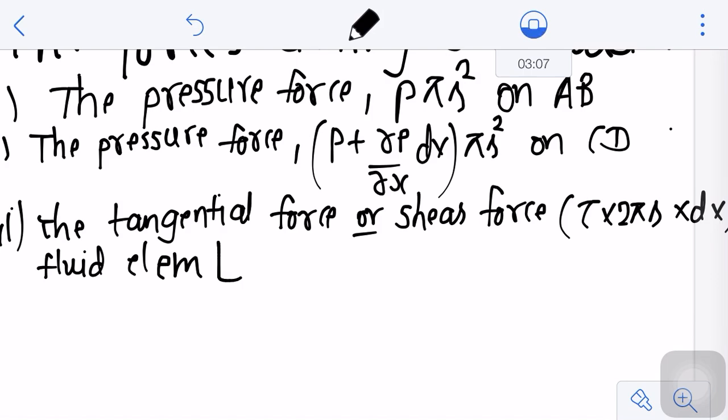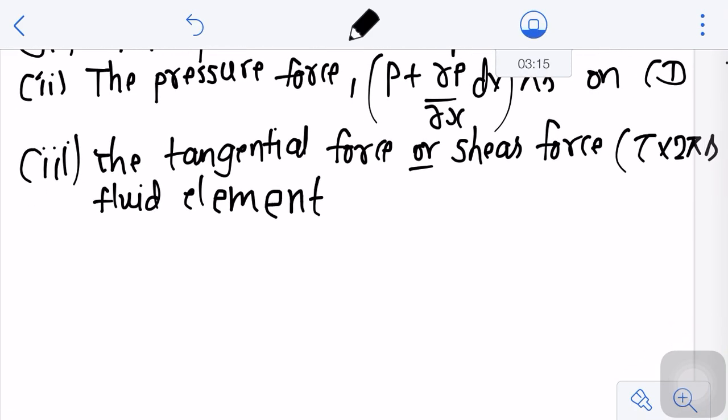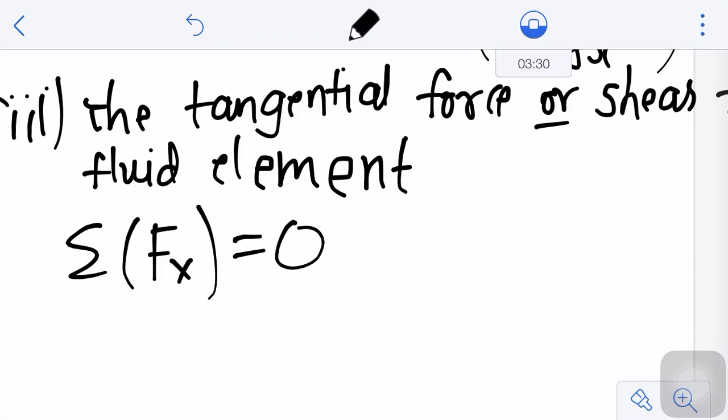Now, these forces are acting in the x direction. There are no forces acting in the y direction. So for equilibrium, let's take the summation of these pressure and shear forces in the x direction and equate it to 0.